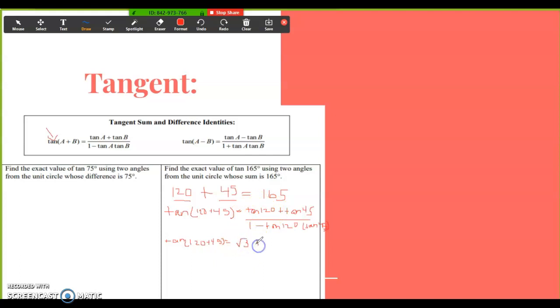We have plus 1, that's the tangent of 45, over 1 minus, and this would be radical 3 times 1. All right, so now we have for our expression equaling radical 3 plus 1 over 1 minus radical 3.